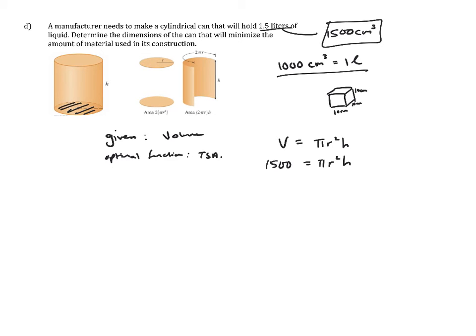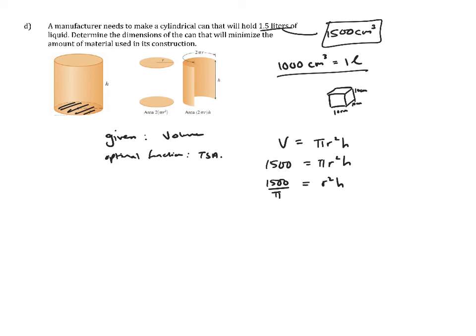Fear not if you see 3 variables. Remember, pi just represents a number, right? So in other words, you've got r squared h is equal to 1,500 divided by pi. Right, so you're not going to find the derivative with respect to pi or something. That's actually just a number, right? Okay, cool. Let's go for it.